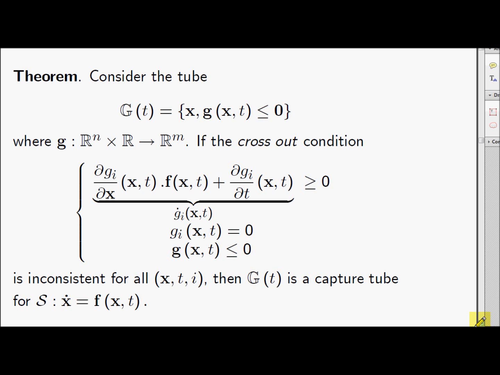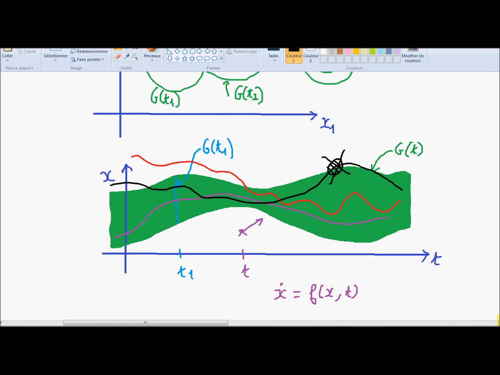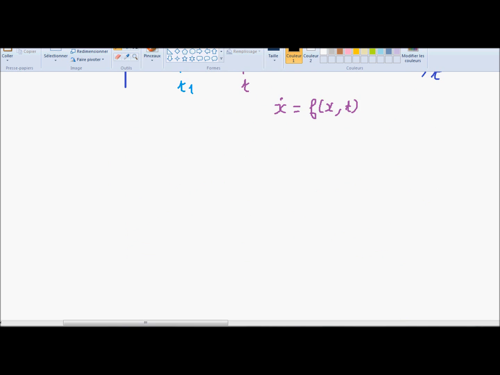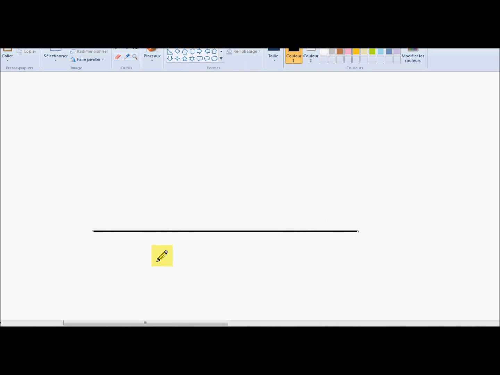So let me explain what this means on the picture. I will come back and here I will have the state. I will represent the state again as this one and this one.